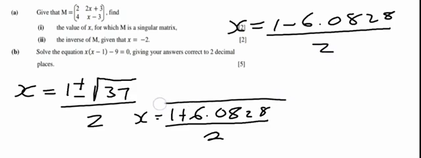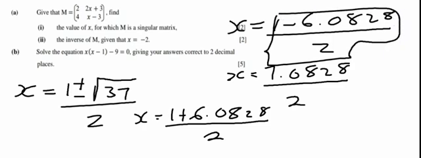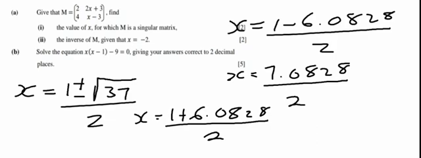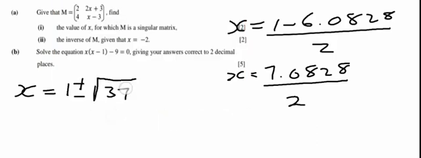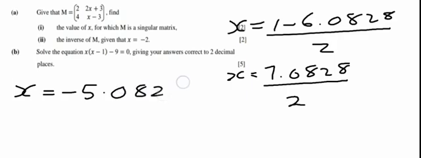So this one here, 1 plus 6.0828 is going to give me 7.0828, so x is equal to 7.0828 divided by 2. Then this one here on top is going to give me negative 5.0828, so x is equal to negative 5.0828 divided by 2.